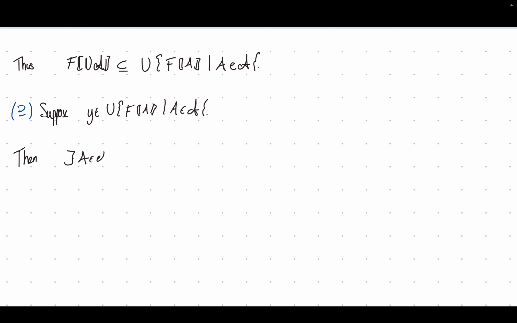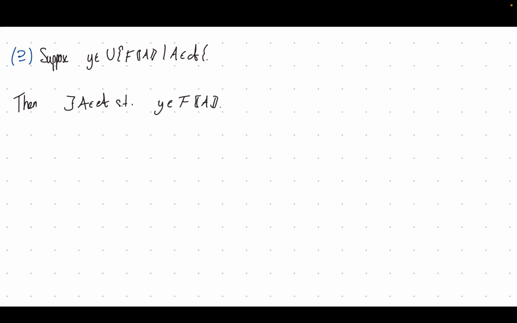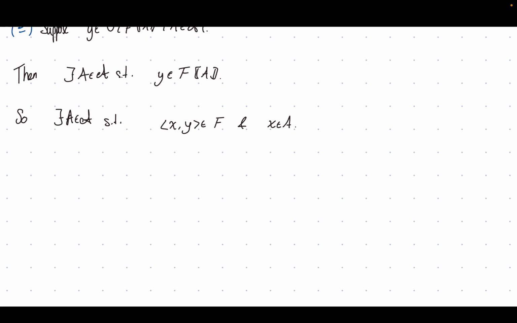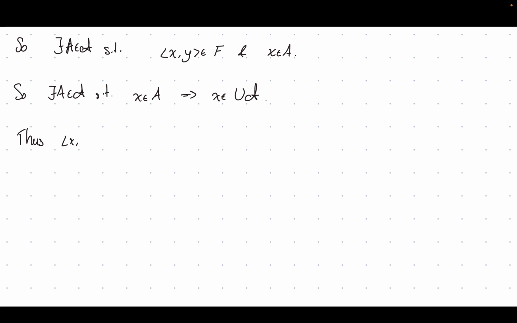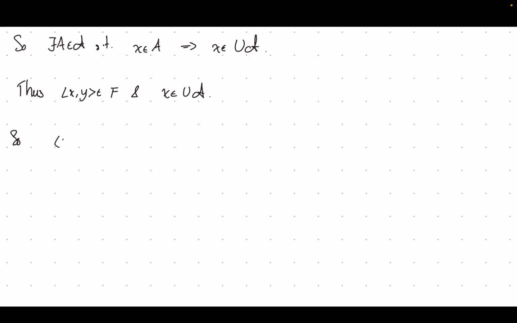Then there exists some A in script A such that y is in the image of f under A. So there exists some A in script A such that x, y is in f and x is in A. So x is in A, which implies that x must be in the union of script A. Thus, x, y is in f and x is in the union of script A. So x, y is in f restricted to the union of script A.